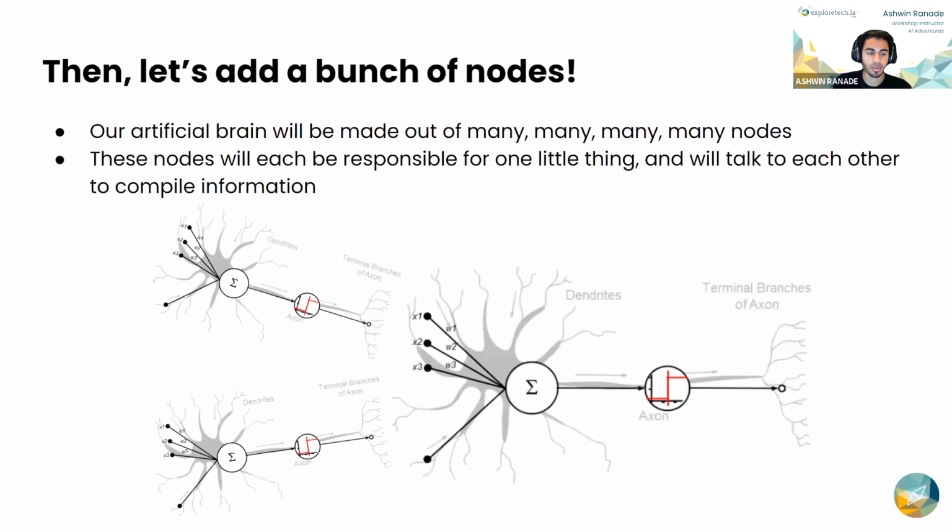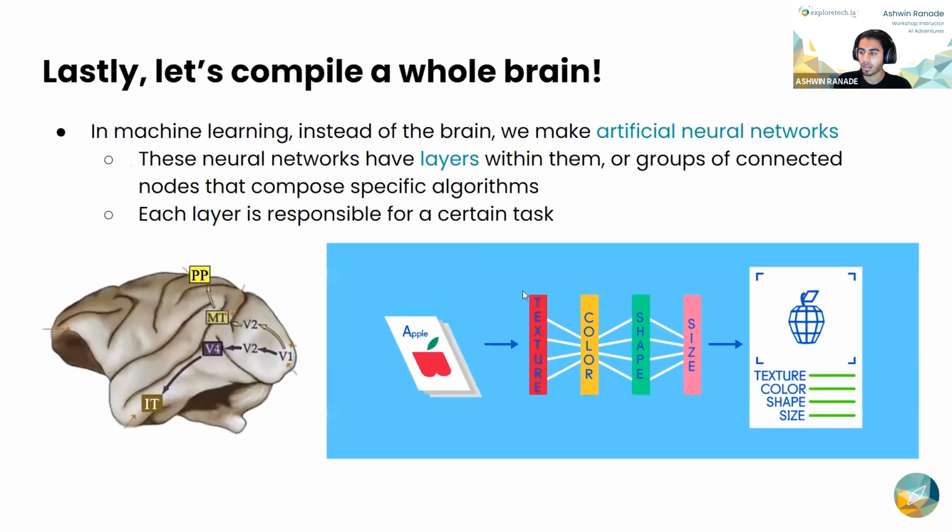So we have one neuron, and to build our artificial neural network, which is what we call our artificial brain, we're going to add a bunch of nodes. Each of these nodes will be responsible for a smaller thing. When we combine it all together, we'll be able to do pretty amazing tasks, just like an actual brain. As you can see here, using all of our neurons together, we can compile a whole brain.